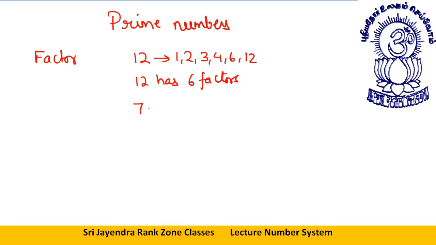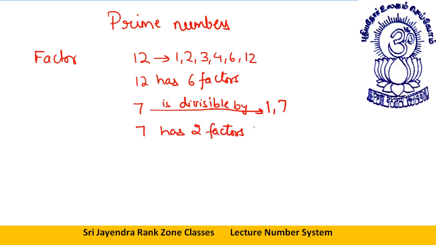I take another number, 7. 7 is divisible by 1 and 7, so I can say 7 has only 2 factors. Let's talk about 1. 1 is divisible by 1 only.